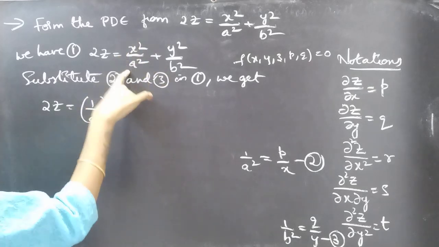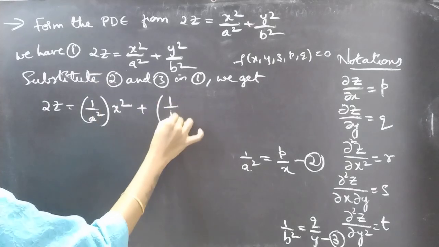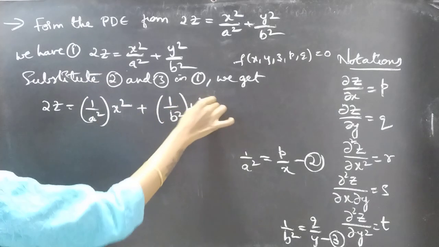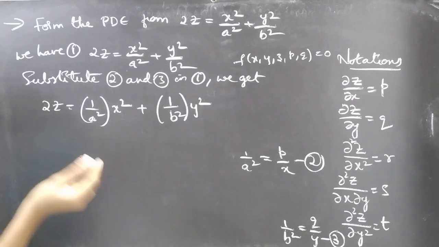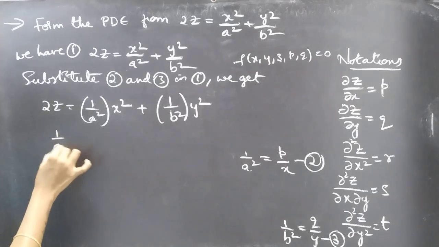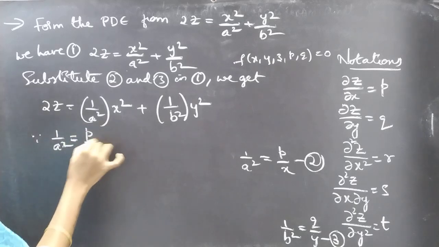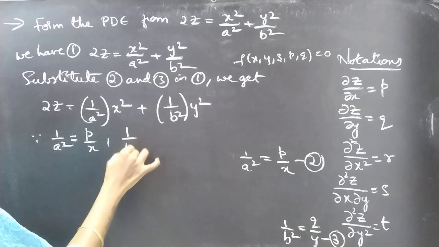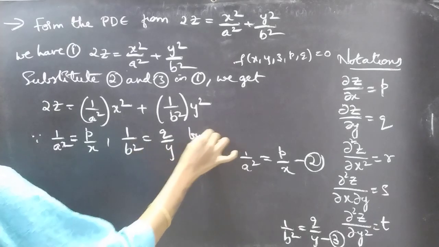We'll write the first term of the RHS as 1 by a square into x square, and the second term can be written as 1 by b square into y square for our convenience. Now replace 1 by a square by p by x and 1 by b square by q by y, using 2 and 3.